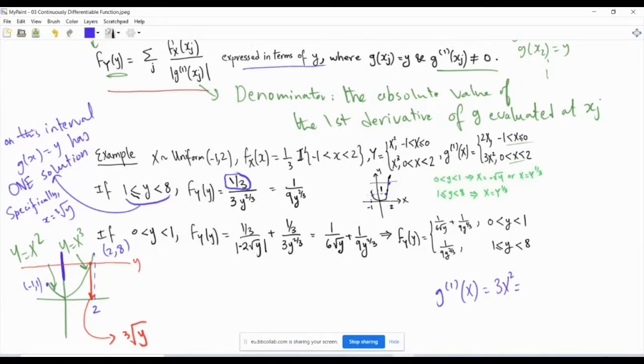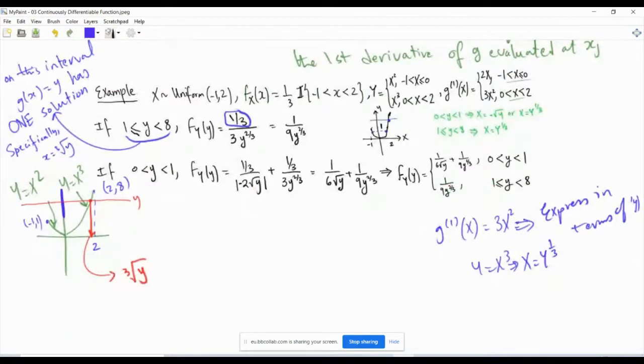So you express things in terms of small y. So y is equal to x cubed, so x is y to the power 1/3. And so the first derivative will be equal to 3y to the 2/3.